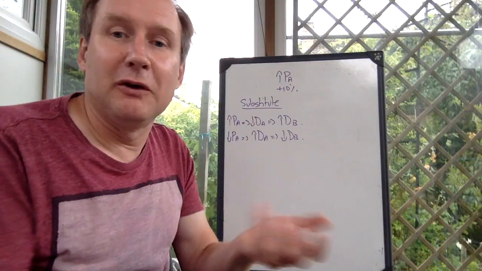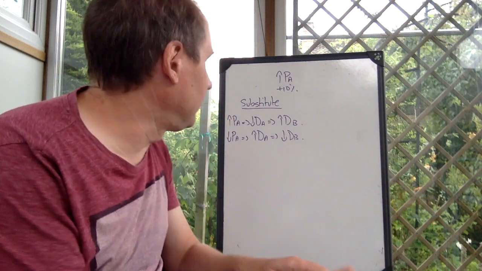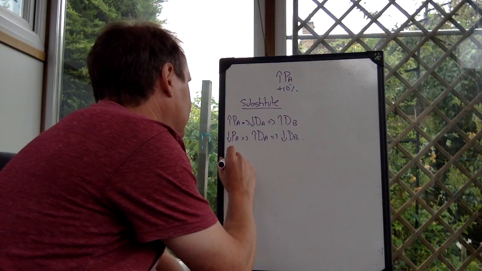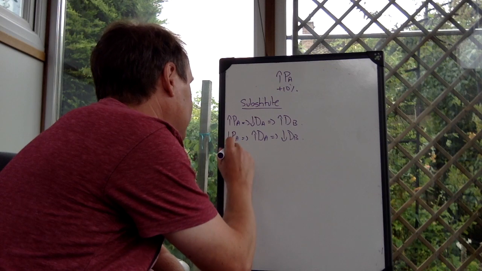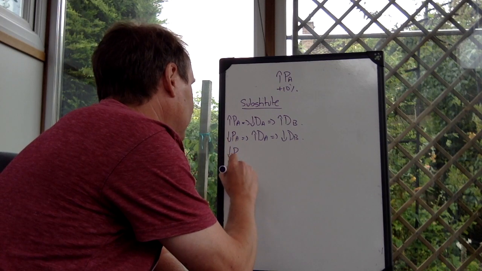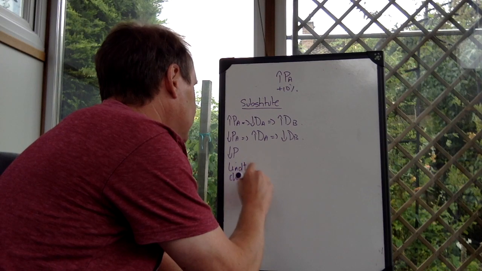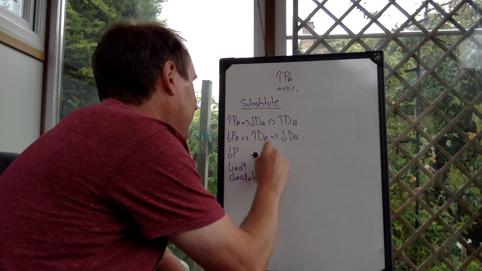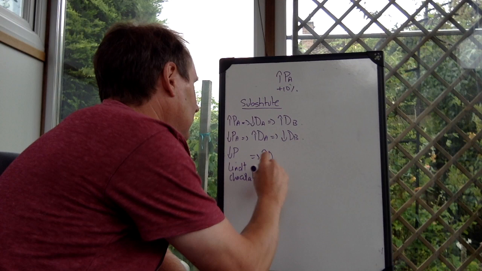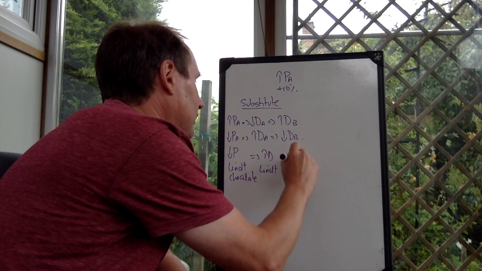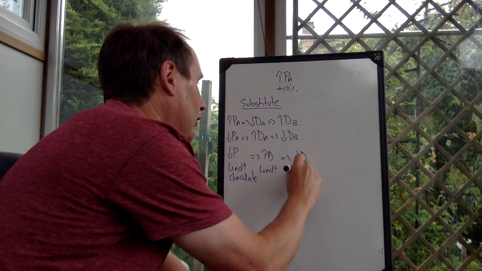So if we take an example, let's imagine that there is a decrease in the price of Lindt chocolate, as a result of which there'll be an increase in the demand for Lindt, and as a result of which there will be a decrease in the demand for Cadbury.